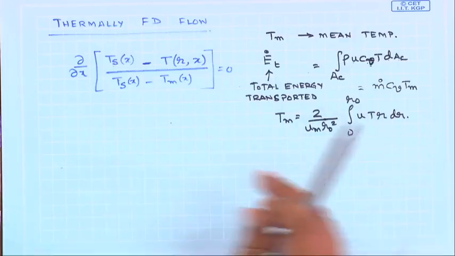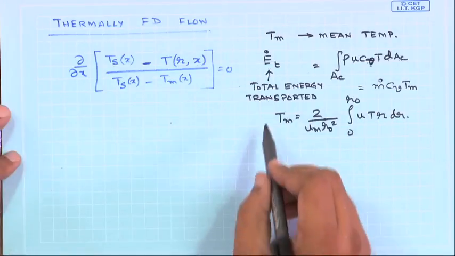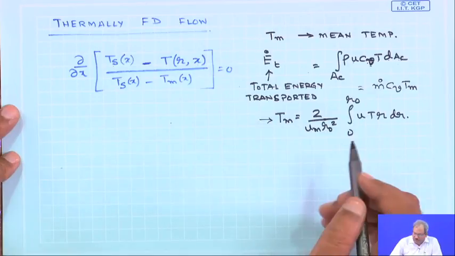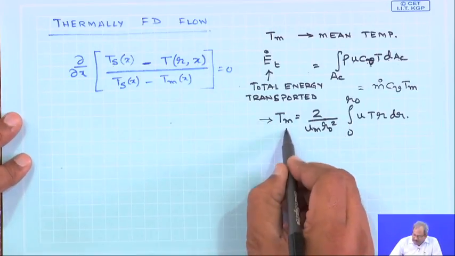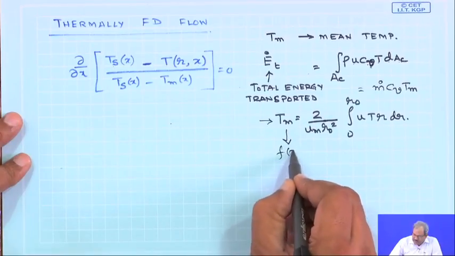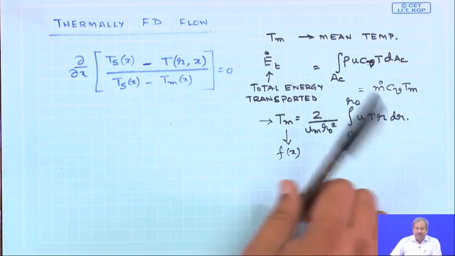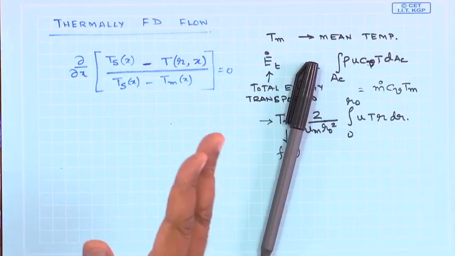So, this gives you the definition of Tm, and this Tm is a function of x, because the mean temperature of the flowing fluid will keep on changing. Let us say I have flow from this side, and I find out the energy being transported by the fluid over here, and all the time it is receiving energy from the pipe walls.